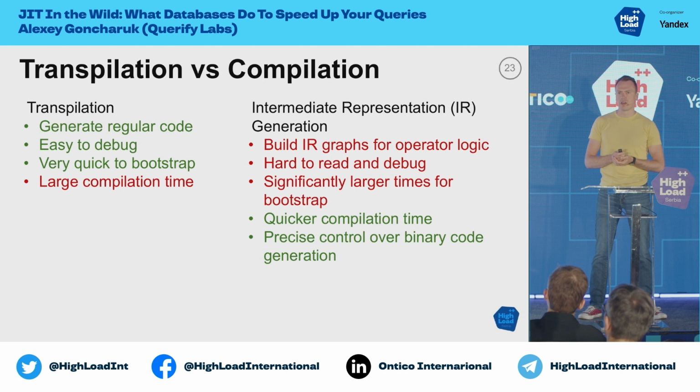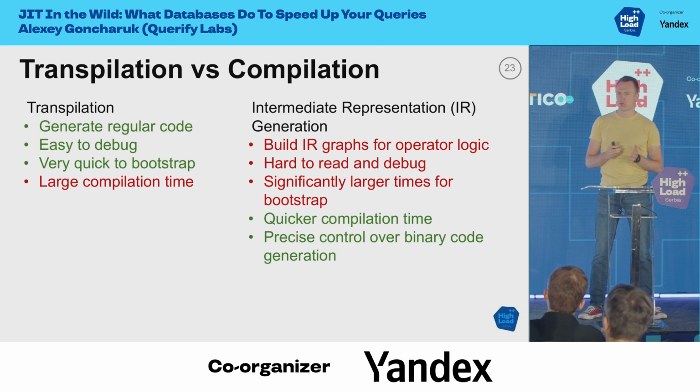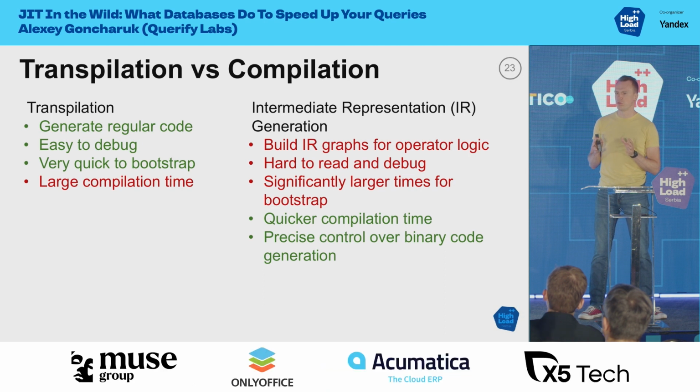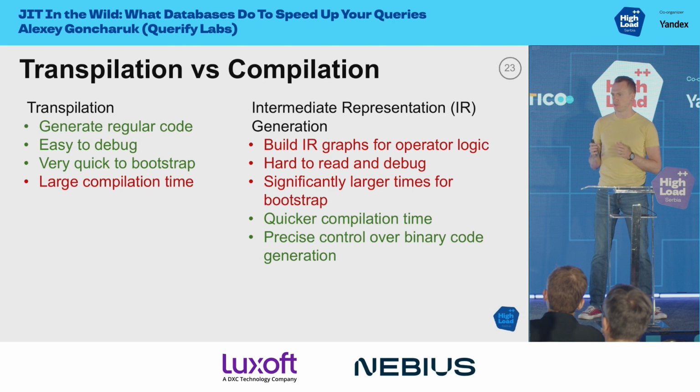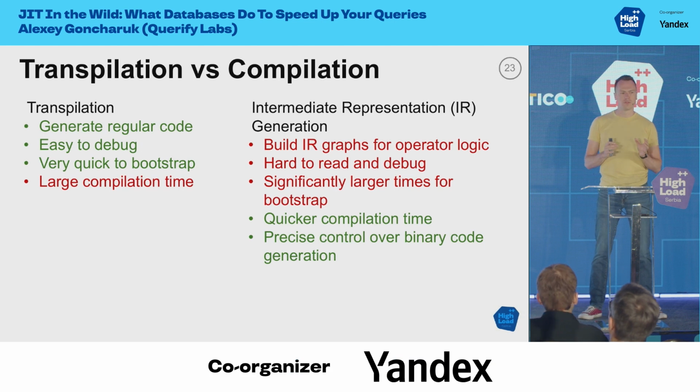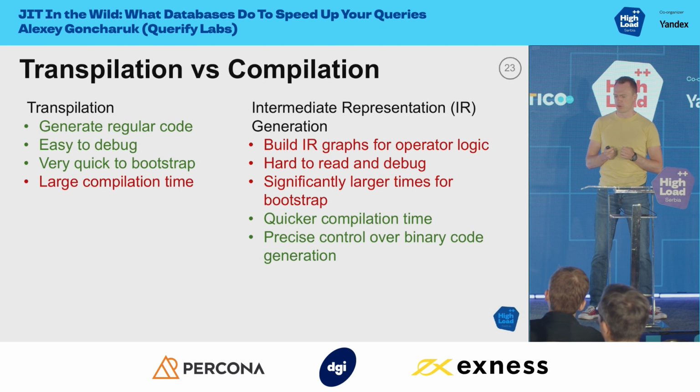This is quite time-consuming and error-prone, but on the other hand, it gives you very precise control over what you emit, and you can even disable certain optimization passes, because you know that you generated IR that is already efficient. This cuts off a lot of optimization passes and can reduce the compilation time significantly.